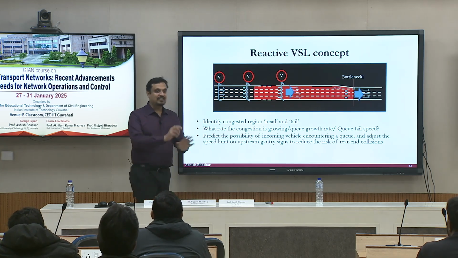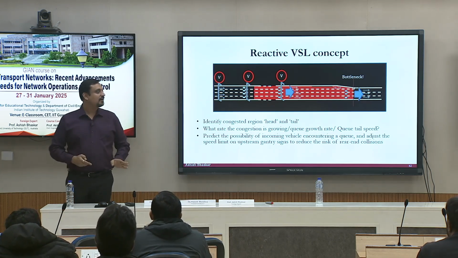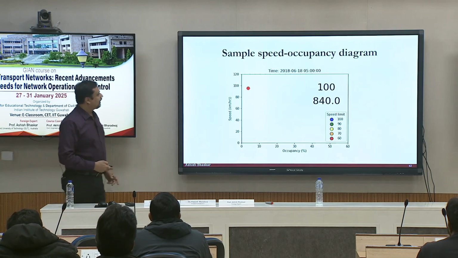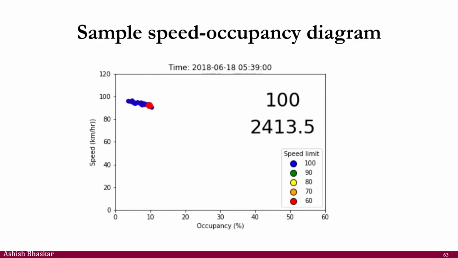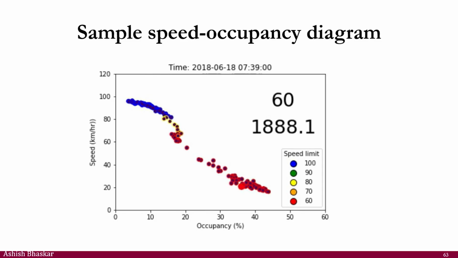Yeah, very simple concept. There's no rocket science here, and we already have seen this plot earlier, the speed and occupancy diagram. I have used the fundamental flow density, flow occupancy curve for the ramp metering. I'm going to use this curve for the VSL now to explain how that is going to work.